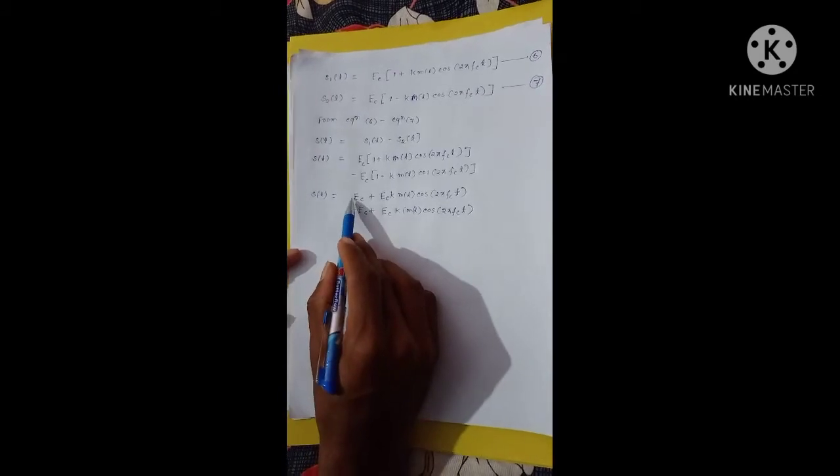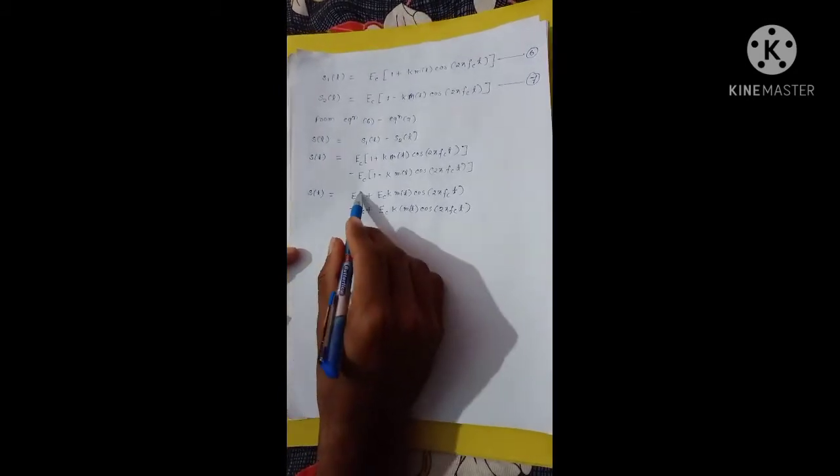Now this plus EC and this minus EC will get cancelled.